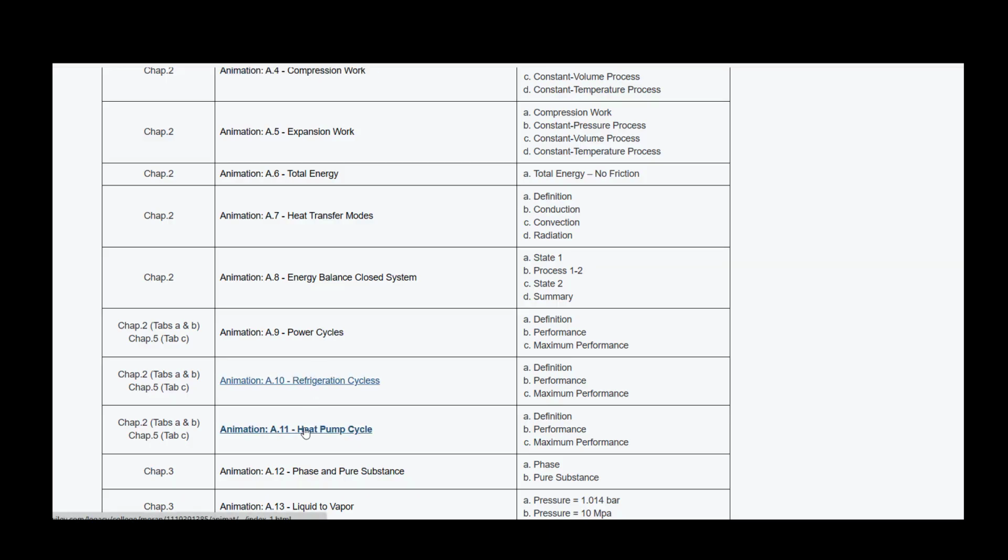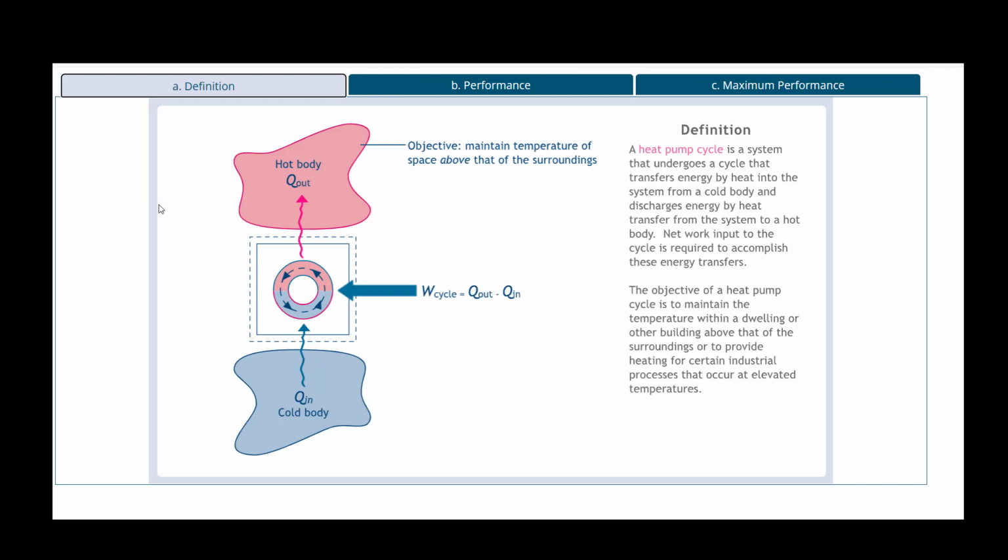And then let's look at the heat pump cycle, and that'll be it for chapter 2. Okay, and so then we have a heat pump, we have work coming in, you have cold body coming in, and hot body coming out. And so the heat pump cycle is a system that undergoes a cycle that transfers energy by heat into a system from a cold body and discharges the energy by heat transfer to a hot body.